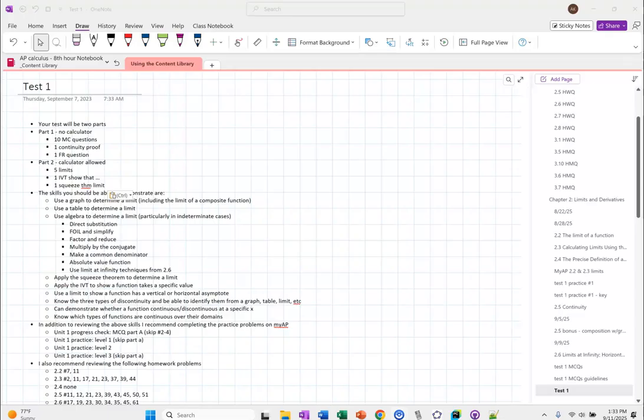The limit problems that I'm going to ask you to do by hand, I'm going to ask you to do algebraically, but you can check them because they're all on the calculator section with either a graph or a table. But that's so tedious in a timed test setting. I don't want you to spend 4 minutes punching values into your calculator just to do something that you could do algebraically.